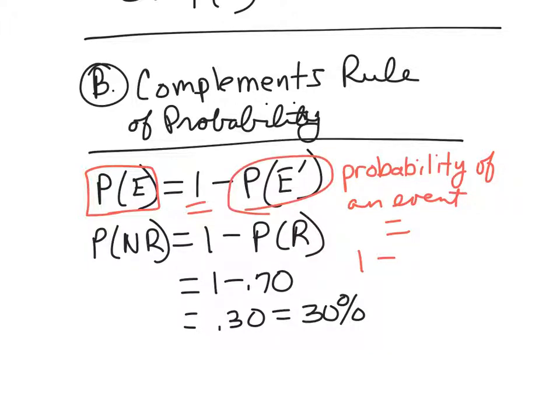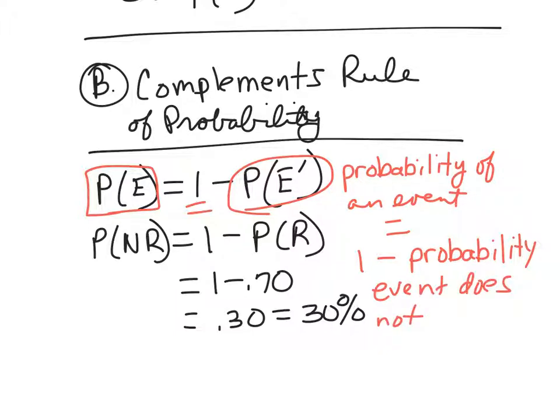The probability that the event does not happen.